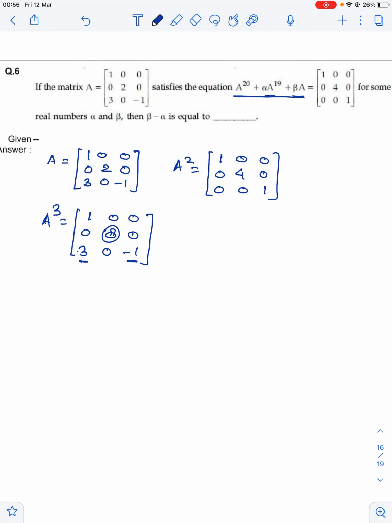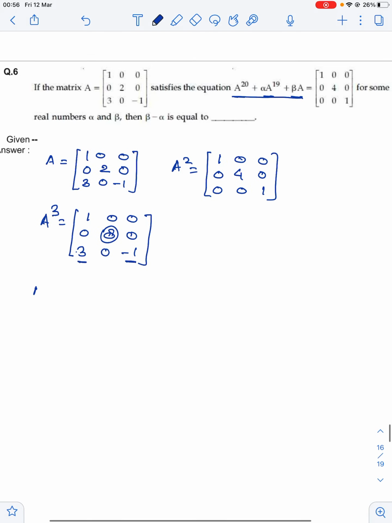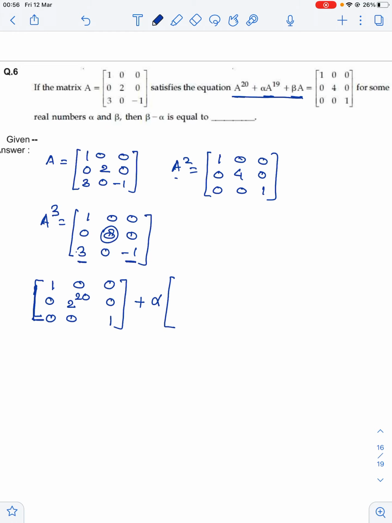So now if I go for A20, so A20 plus alpha A19 plus beta A. A20 according to this will be [1 0 0; 0 2 to the power 20 0; 0 0 1] plus alpha times A to the power 19.